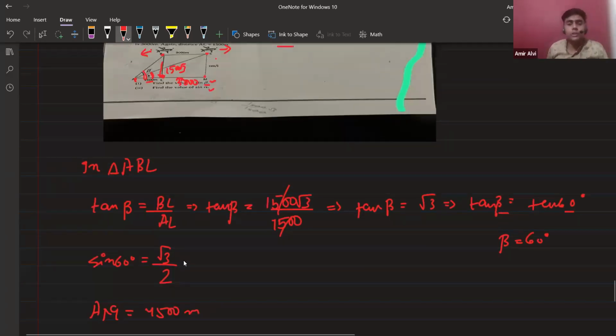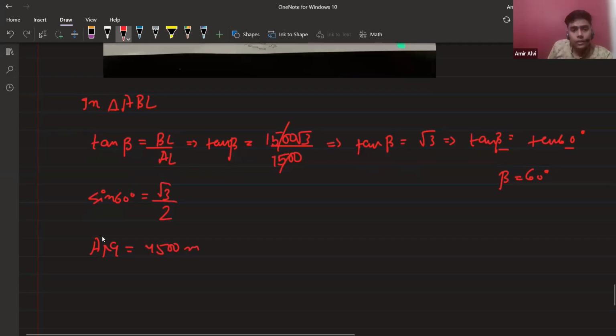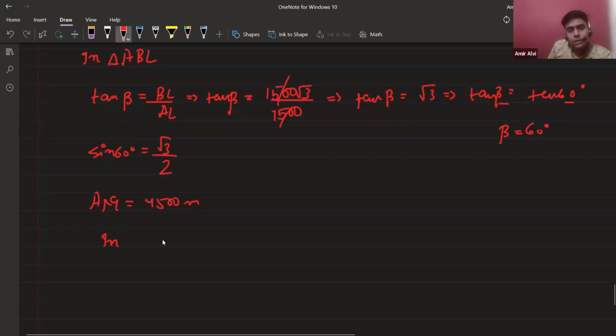Clear, Karishma? Yes, sir. Any doubt in this? Because this is parallel to this. No, sir, no doubt. Clear? So till now, in triangle AMC, can I apply the trigonometric ratio?